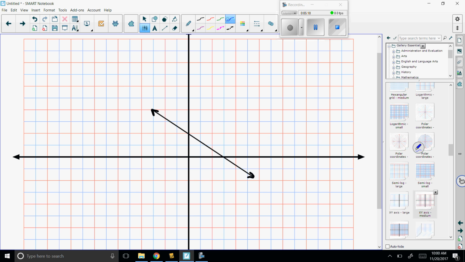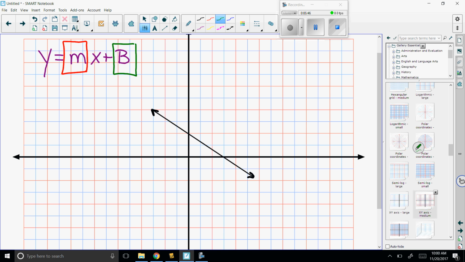Well, to find the equation for a line, we know a format. That format is y equals mx plus b. And I need to find two values. What two values do I need to find? I need to find m, which is slope, and I need to find b, which is y-intercept.